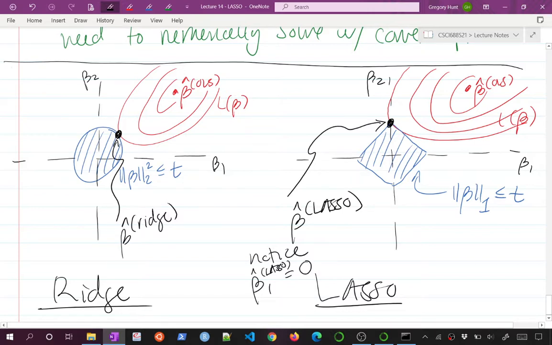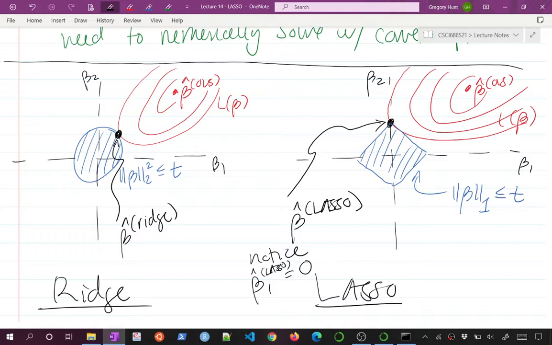So I've actually forced one of them to be exactly 0. And so I've basically selected out x1, or whatever is associated with beta 1 in my regression. So I've therefore done a variable selection in some way. And that's basically due to the geometry of this rhombus constraint.